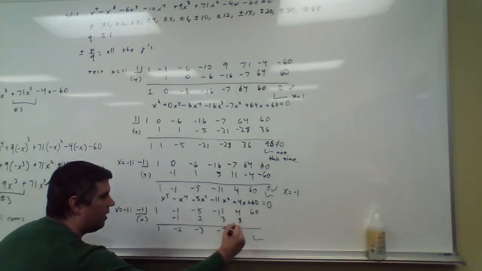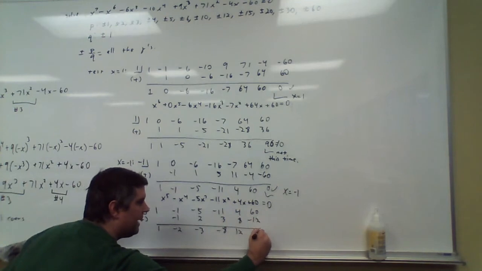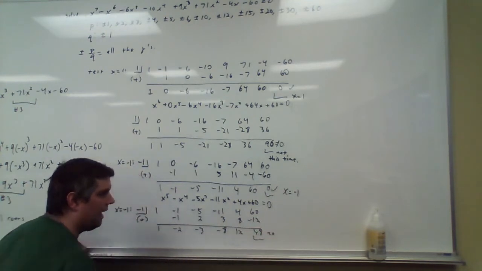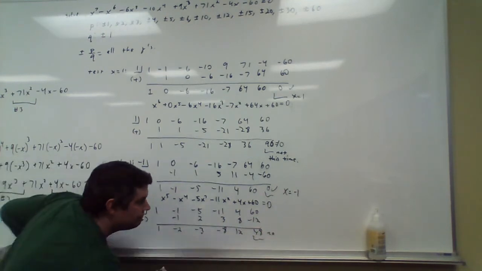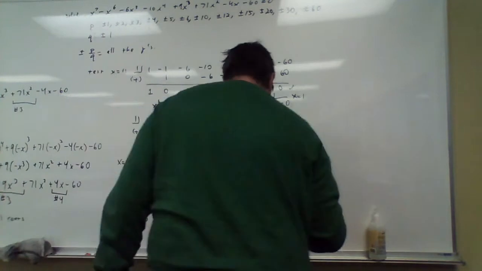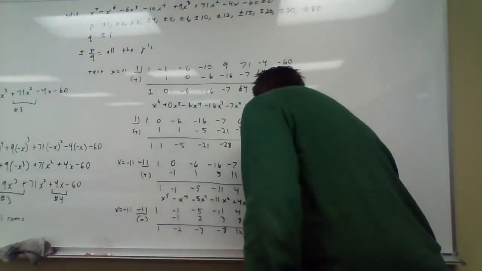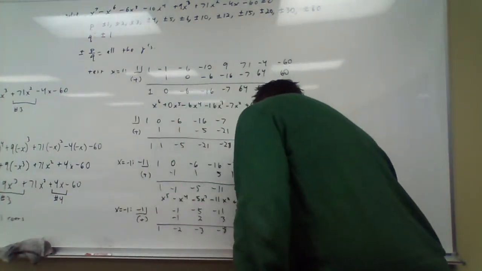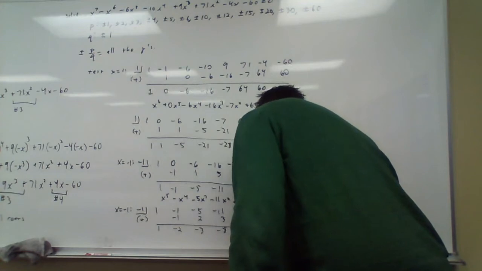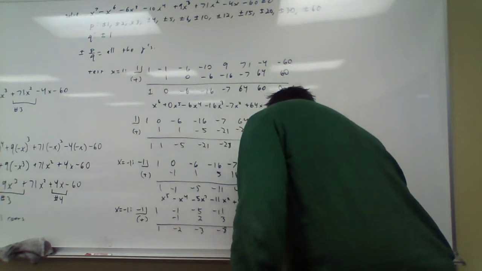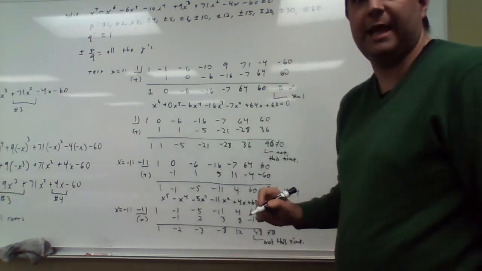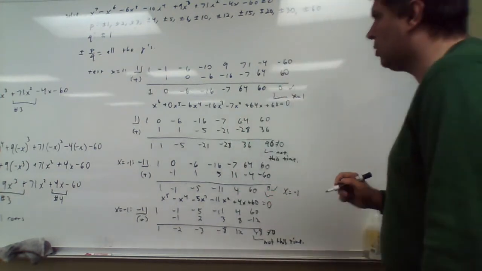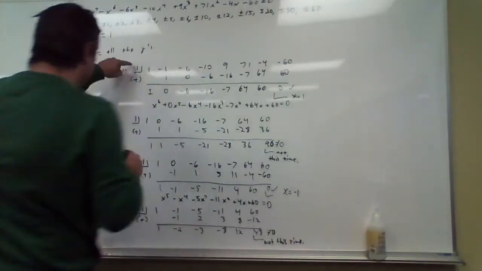Negative 1 times 12 is negative 12. That's 48. No. Okay? Not this time. So not this time. Okay? So 1's out.